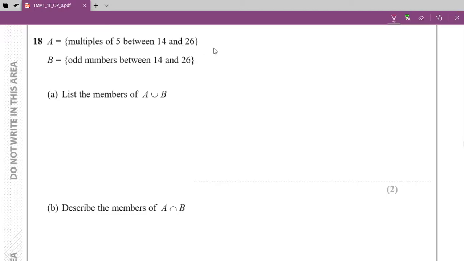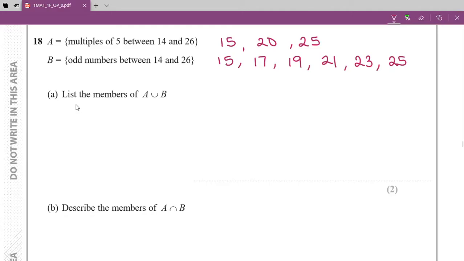And they are 15, 20, and then 25. And for set B, all odd numbers between 14 and 26, we have 15, 17, 19, 21, 23, and 25.